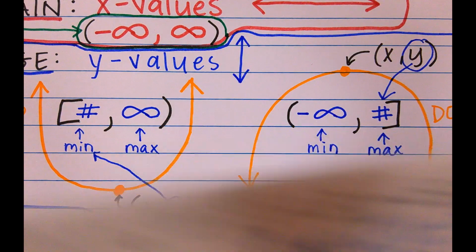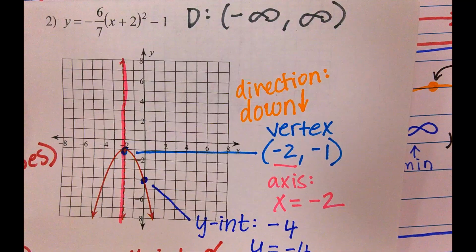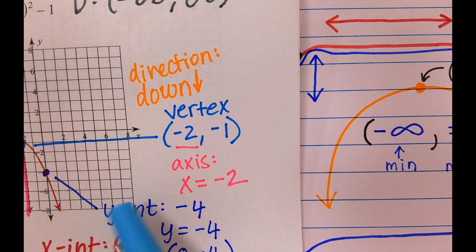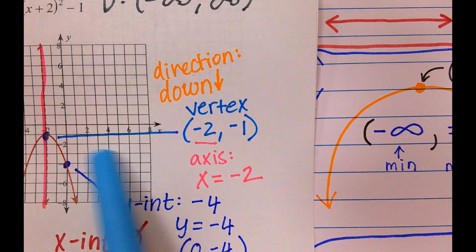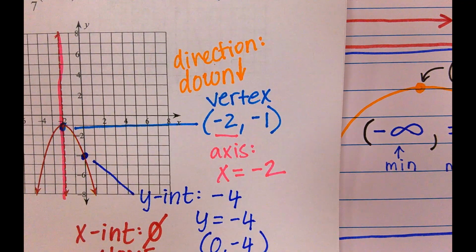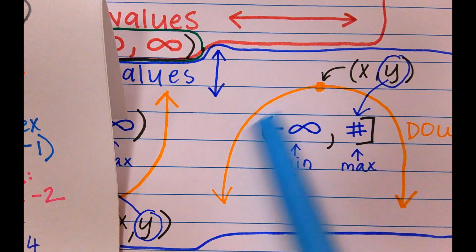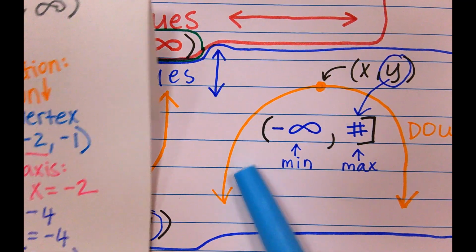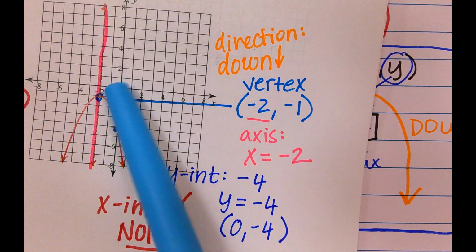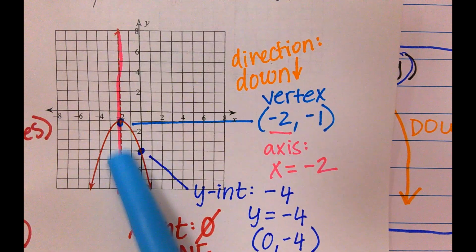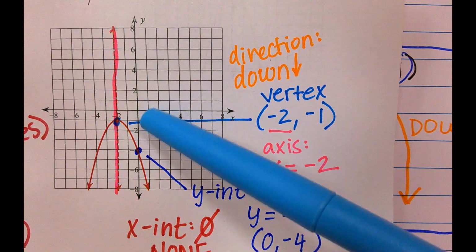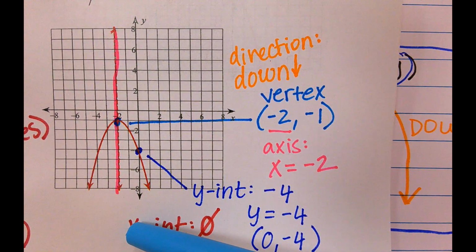Okay, so how about we look at number 2? First, let's see, this is facing down, right? So we're looking at this range. What is my lowest value? Or is there a lowest value on number 2? It should be negative infinity.